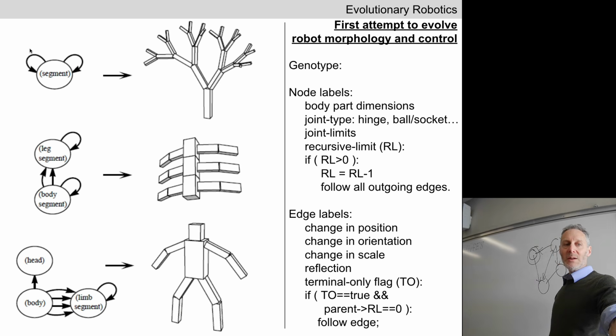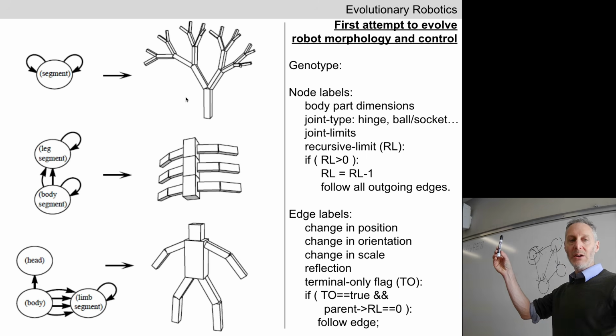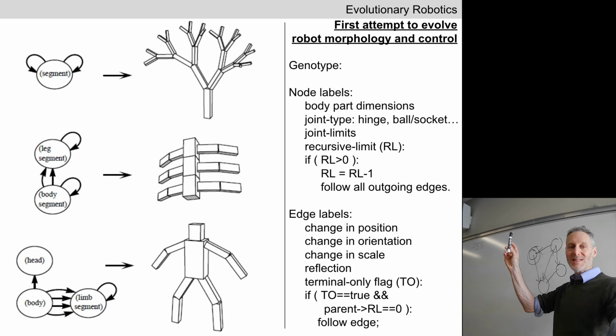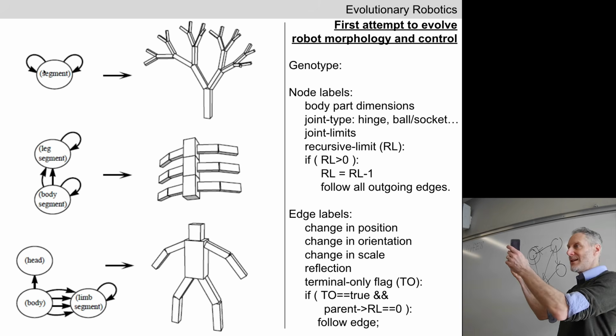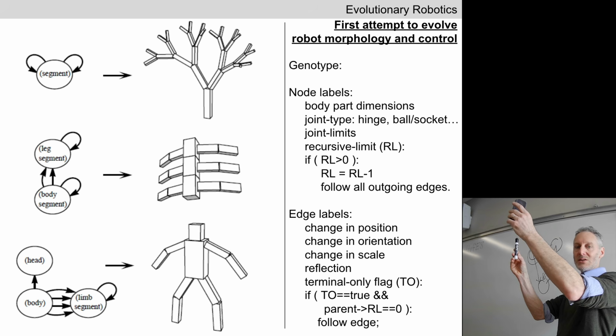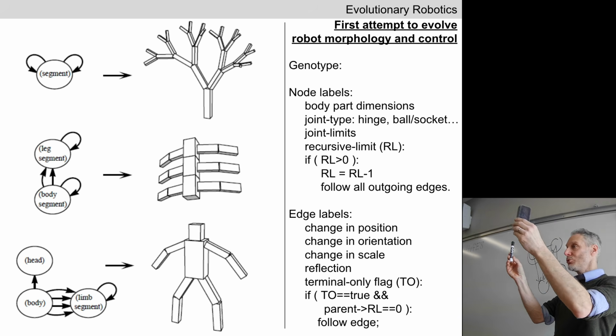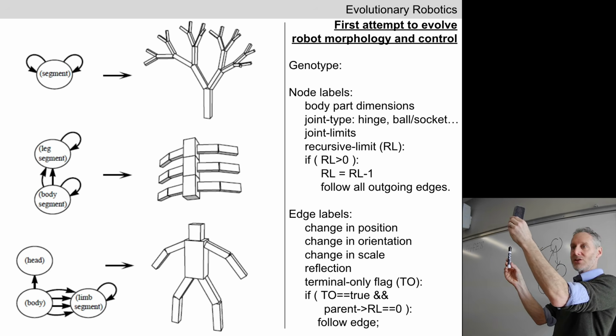It means some of the labels that are sitting on this edge are delta X, delta Y, and delta Z. We just placed this rectangular solid here. So we have an X, Y, and Z, which is the center of this rectangular solid. We take the three deltas here and we move to that new position relative to this position. So we've moved a position. We're about to place a new rectangular solid at this location.